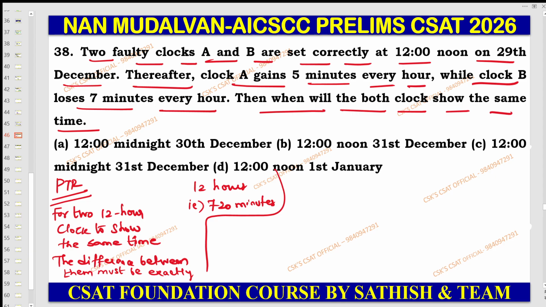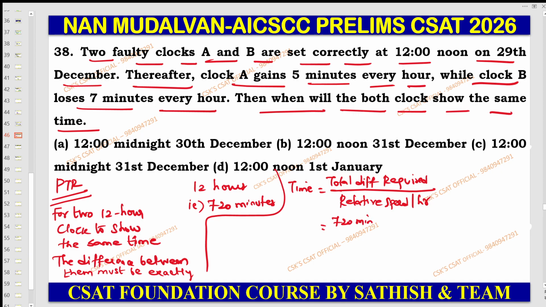In such a situation, how to solve this kind of problem: the total difference required divided by the relative speed per hour. What is the total required? 720 minutes, right. What is the relative speed? Clock A gains 5 minutes, and clock B loses 7 minutes.